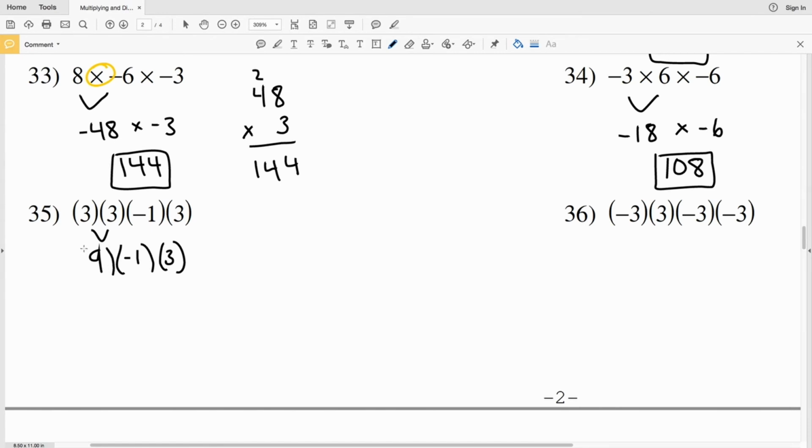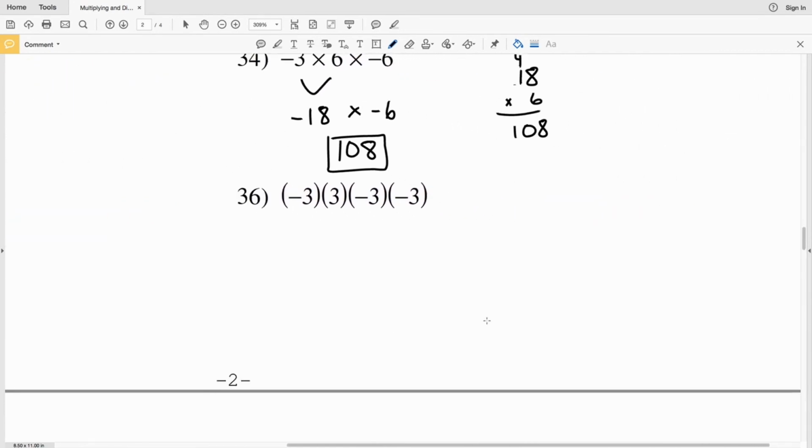And I'll put the parentheses around the 9 as well. 9 times a negative 1 is going to result in a negative 9, since we're multiplying a positive by a negative. And then we still have to multiply by that positive 3. Negative 9 times a positive 3 is going to be a negative 27.